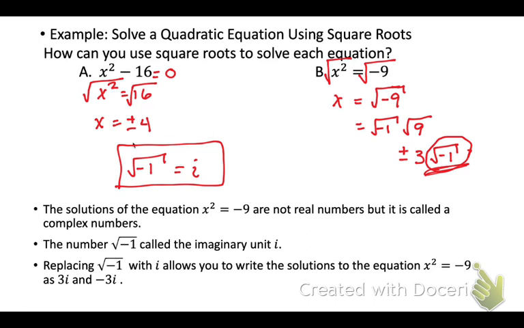We are in what they call the complex number system or the imaginary number system. Imaginary is only numbers that involve i's. Real are only real numbers. Complex is both. It has real numbers and imaginary numbers. That's why it's called complex. So the solution to this problem would actually be plus or minus 3i.